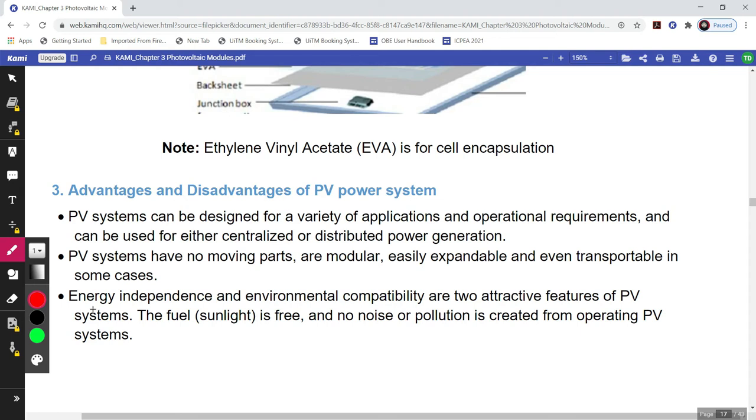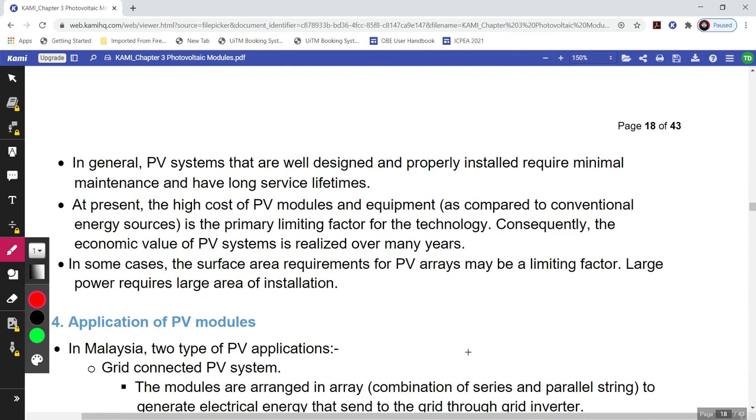Energy independence and environmental compatibility are two attractive features of PV systems. The sunlight is free and no noise or pollution is created from operating the PV system. In general, PV systems that are well designed and properly installed require minimal maintenance and have a long service lifetime.